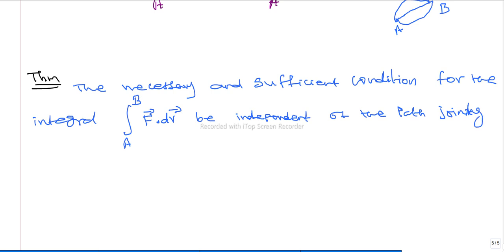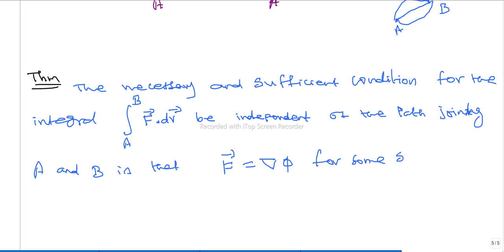That is, capital F should be del phi for some scalar point function phi. If capital F is the gradient of some scalar valued function, then this integral is independent of the path.